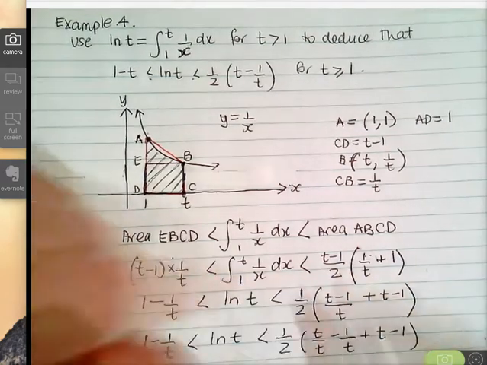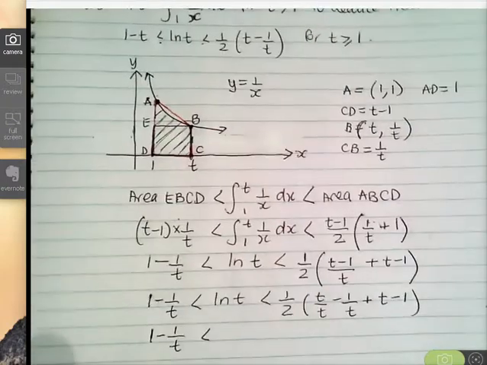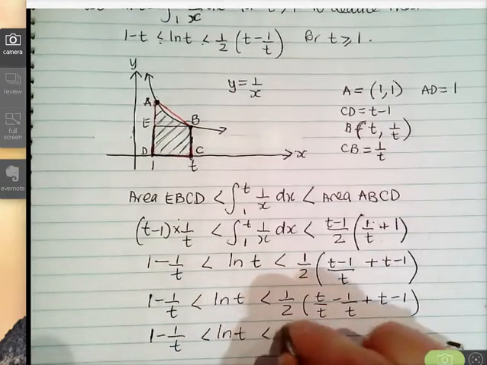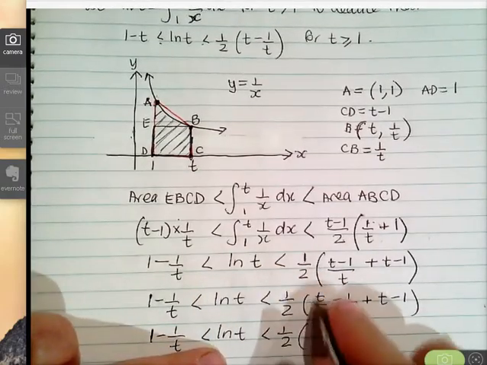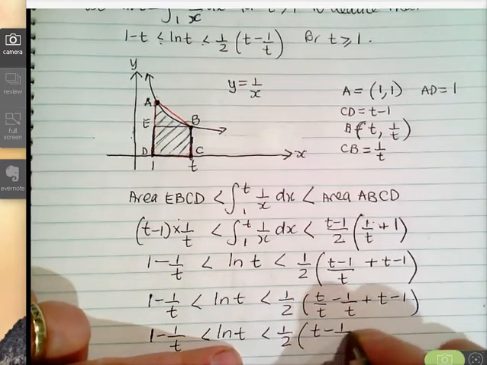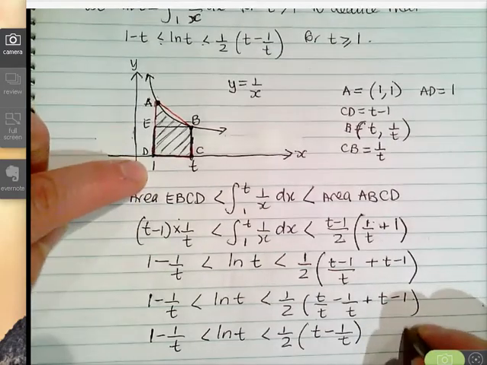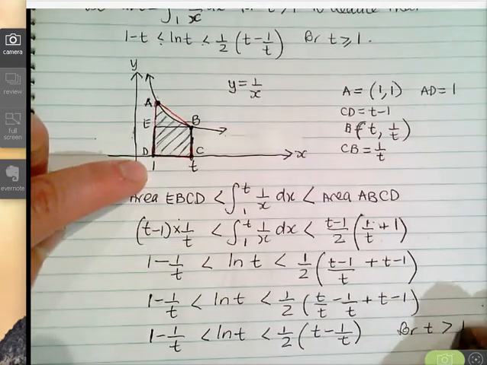I've just put each of those over t. Now 1 minus 1 is 0, and we're just left with t minus 1 on t. And this applies for values of t greater than 1.